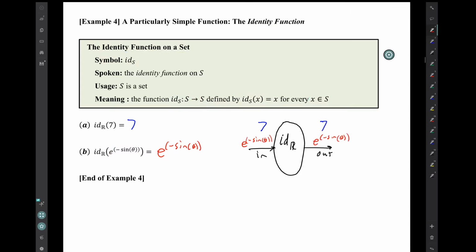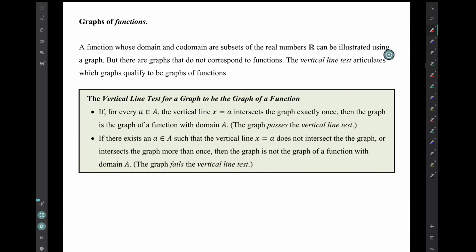Let's go on. Now I want to talk about graphs of functions. A function whose domain and codomain are subsets of real numbers can be illustrated using a graph. But there are graphs that do not correspond to functions. The vertical line test articulates which graphs qualify to be graphs of functions.